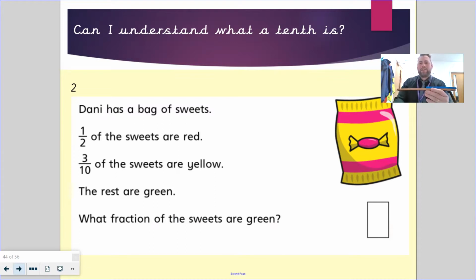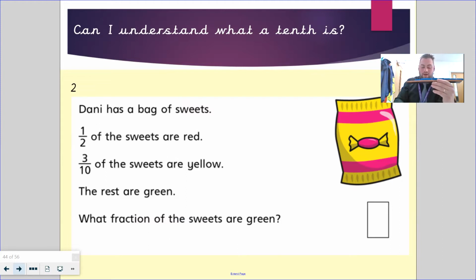Now, how do I know how many to take off to get a half? Well, we know that 3/10 of the sweets are yellow. So if we were to convert our half into tenths, what is half of 10? And the answer is 5. So I know that 5/10 are representing my half. I've then got 3/10 that are yellow.